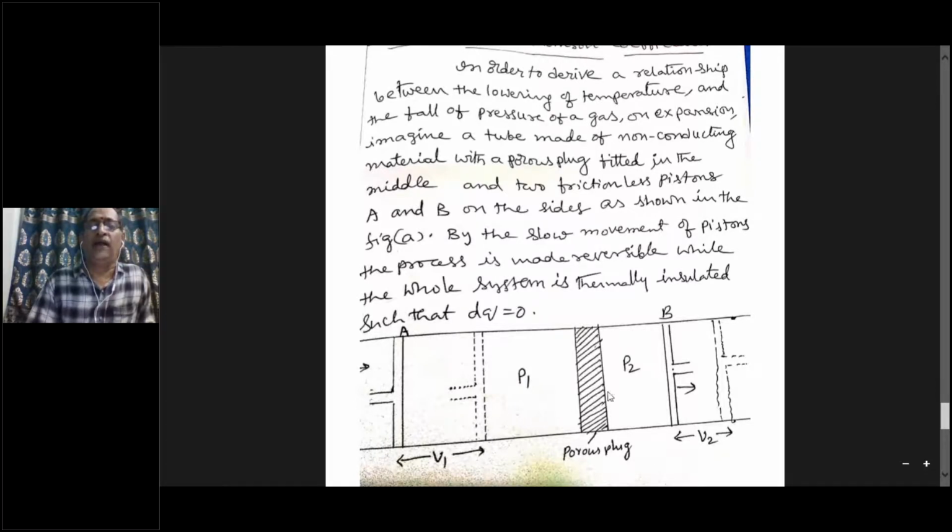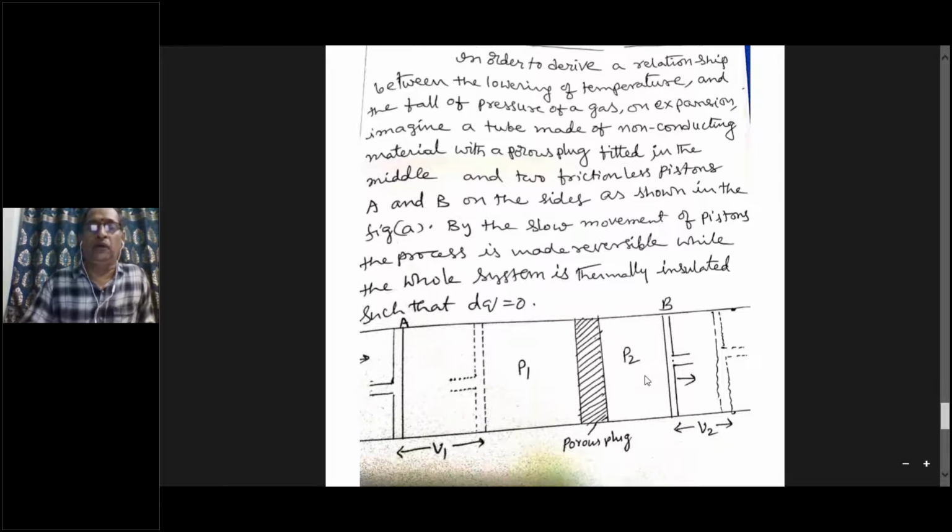Now, when the gas enters the other compartment through the porous plug, its pressure becomes P2, temperature T2, and internal energy E2. Now, it moves the piston through a volume V2. Then the work done on the gas will be P1V1 and work done by the gas will be P2V2.